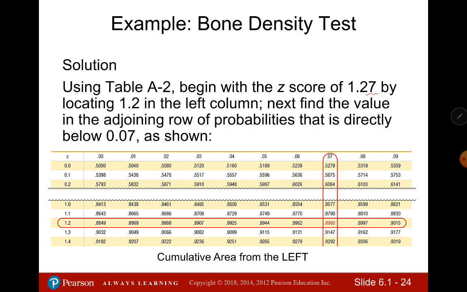We have this 0.07, and we can find these two values cross at this point, right? And this value is what we want, 0.8980. This is the area cumulative from the left, and this is also the probability of less than 1.27.